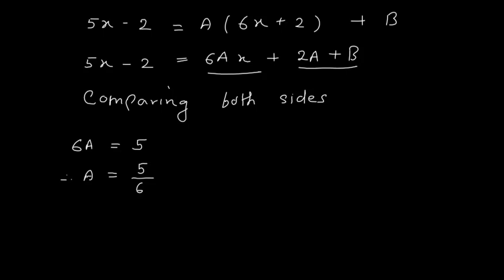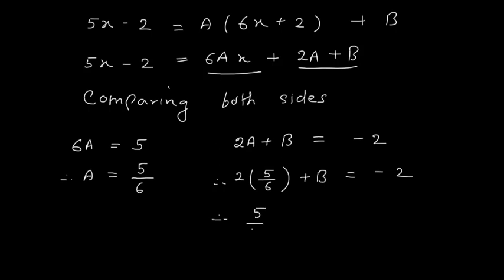Now this is the value of a. Also, 2a plus b is equal to minus 2. Now the value of a is 5 upon 6. So therefore 2 into 5 upon 6 plus b equal to minus 2. Therefore, the 2 and 6 cancel to give 5 upon 3 plus b equal to minus 2.